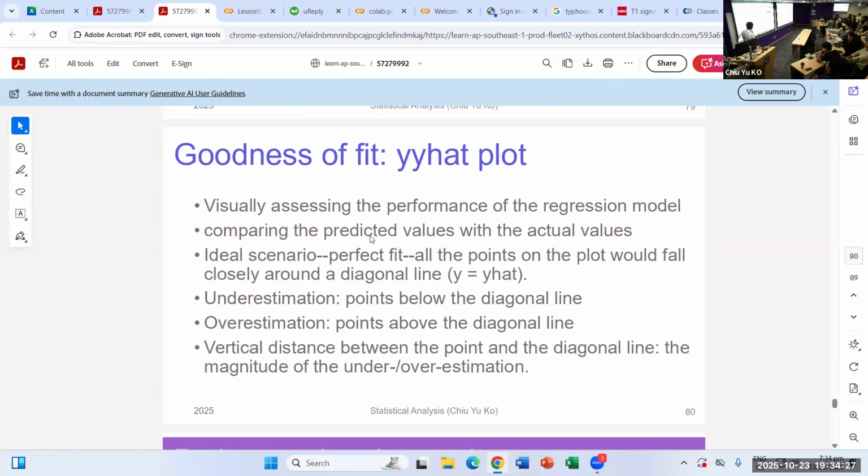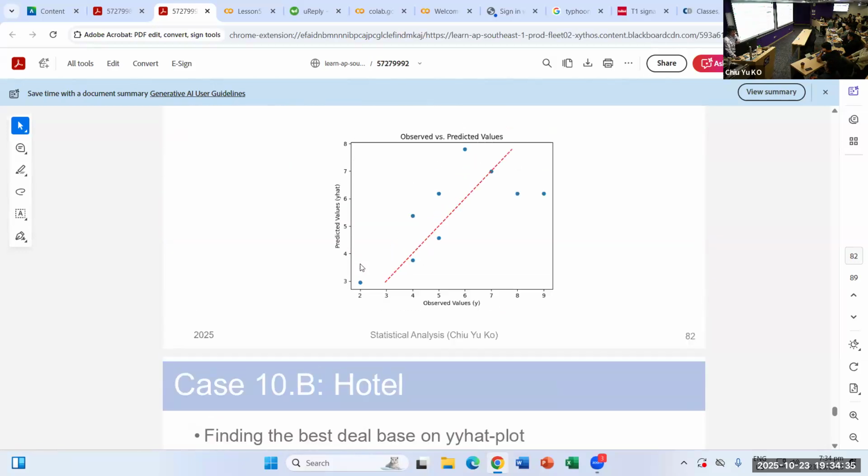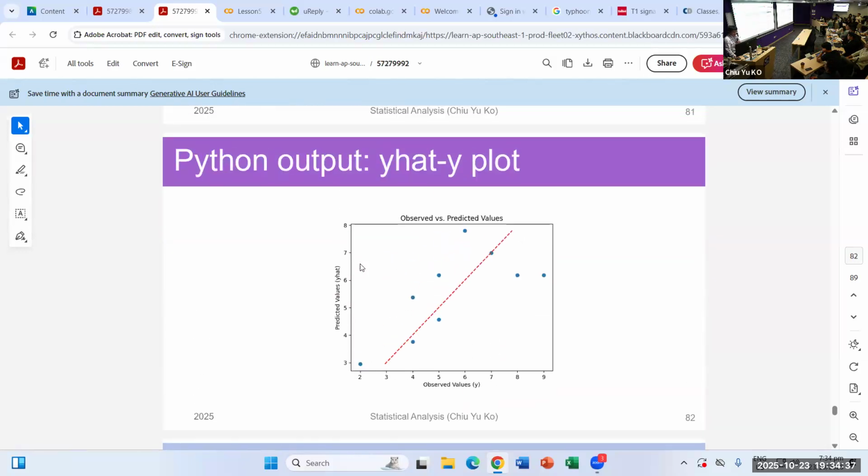Above the diagonal, we will overestimate. Because this is the Y hat Y plot, right? If your value Y is here and your Y hat is above, so your Y hat is above Y, then you actually overestimate. And if your Y is below, then you underestimate that thing.